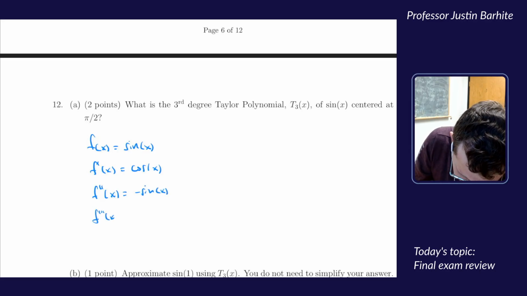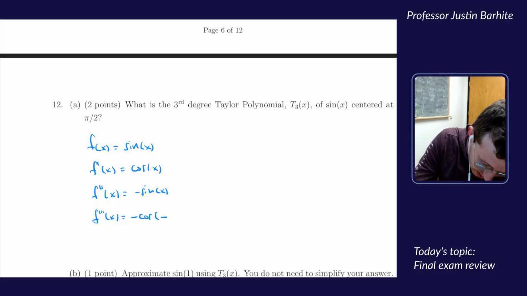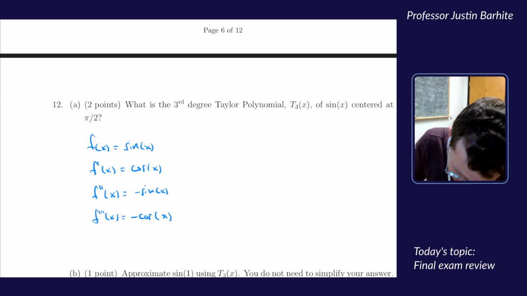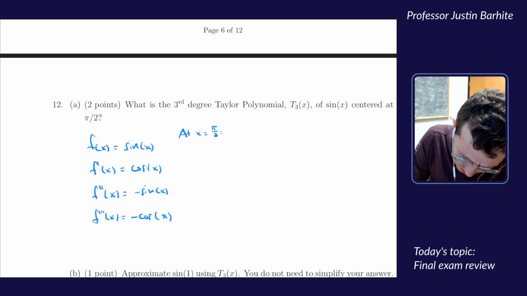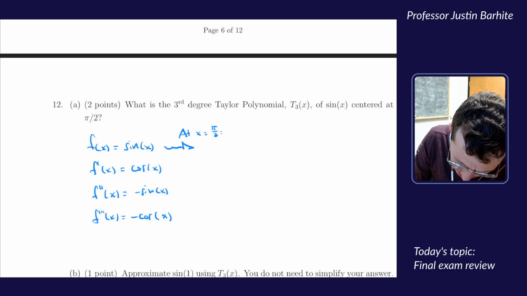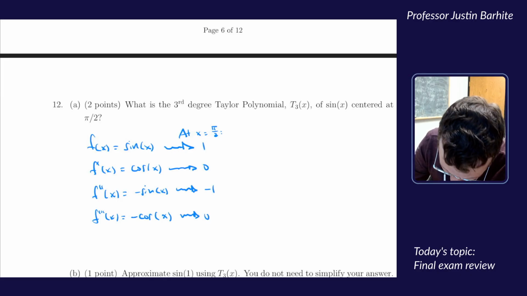It's pretty easy with sine because the derivatives just cycle through sine, cosine, minus sine, and minus cosine. When we plug in pi over 2, we get 1, 0, negative 1, and 0.